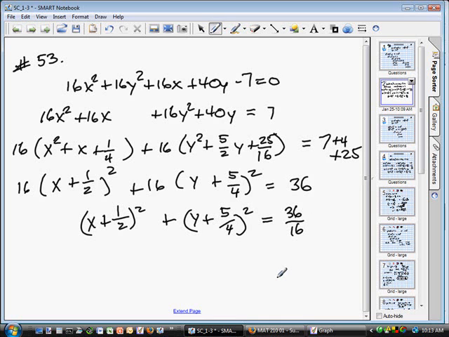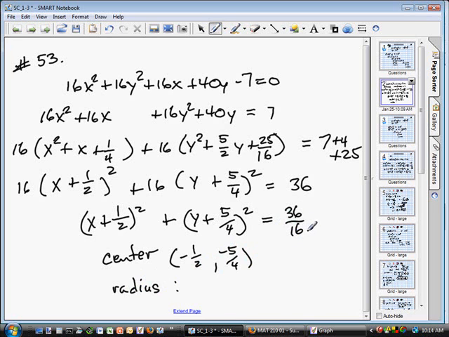Okay, so now we know. Where's the center of the circle? First of all, you should see it's in the form of a circle. And what's the center? -1/2, -5/4. And what's the radius? The square root of this.